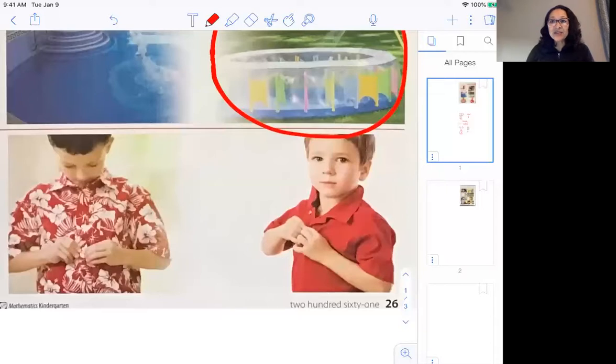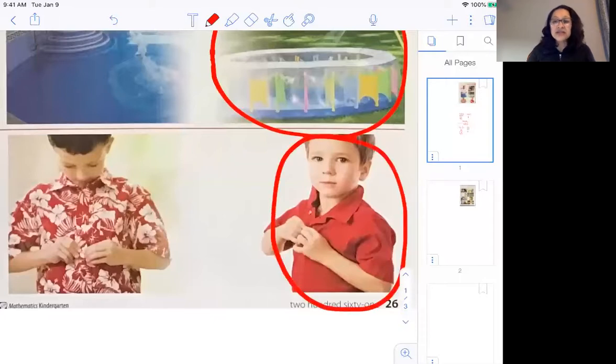You're right, boys and girls. That is true because this little boy right here only has a few buttons to button up. So it takes less time for him to finish buttoning his shirt. Whereas the other little boy has a lot more buttons, so it takes a lot more time. All right, boys and girls.